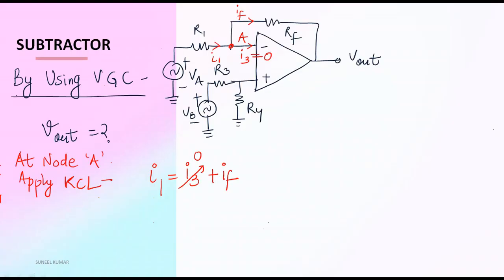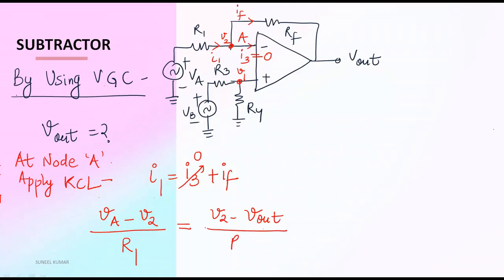So what can we write for I1? I1 is simply VA minus V2, where the voltage at node A is V2. VA minus V2 divided by R1 is equal to V2 minus V output divided by RF.